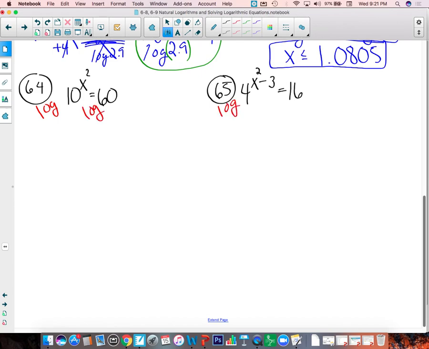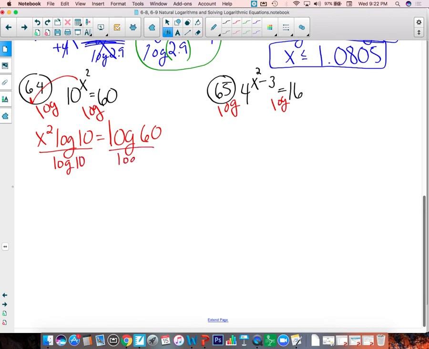We're going to have to take log of both sides. Okay? So then that gets my x squared out front. So I'd have x squared log 10 equals log 60. All right, so then how do I get the x squared by itself here? I want to divide by log 10 on both sides.